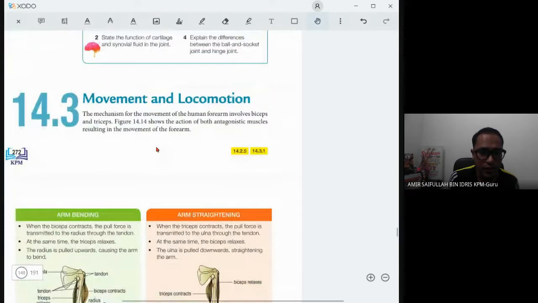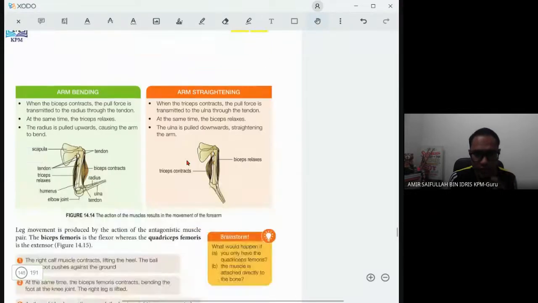Okay. Now we are going to 14.3, movement and locomotion. Locomotion is movement, how the organ can move.